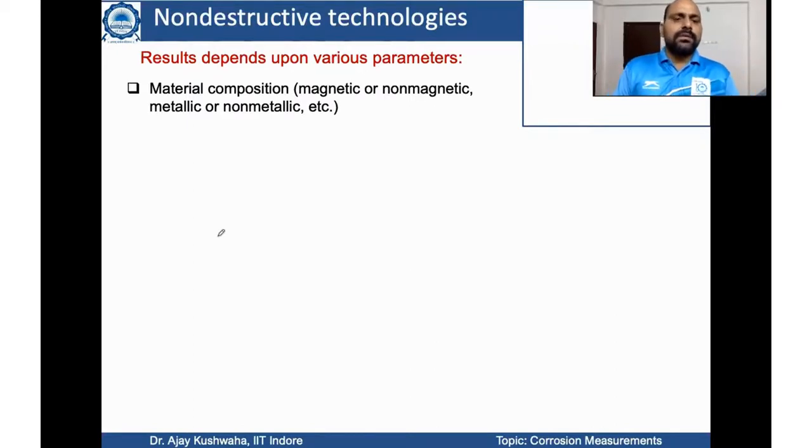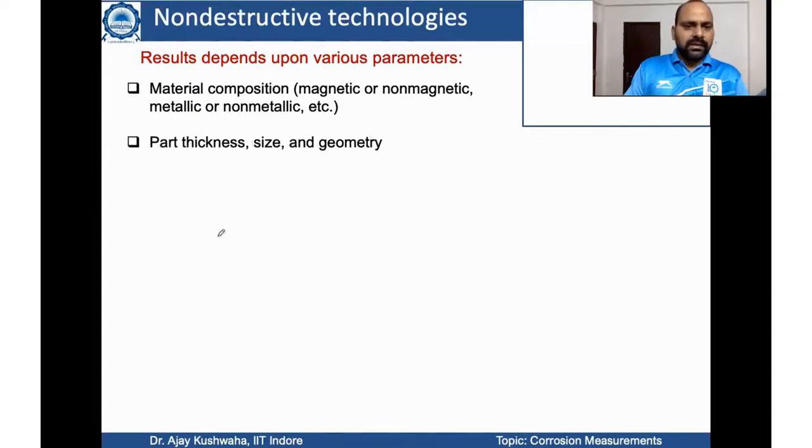Why? Because there are different components. Maybe we have the material composition, whether it is magnetic or non-magnetic, metallic or non-metallic. Similarly, though the material is the same, there is the part thickness, the size, and the geometry of the part, which have some tendency toward corrosion. So if the same material is there, but there is some change in the size, geometry and part, then of course there will be a difference.